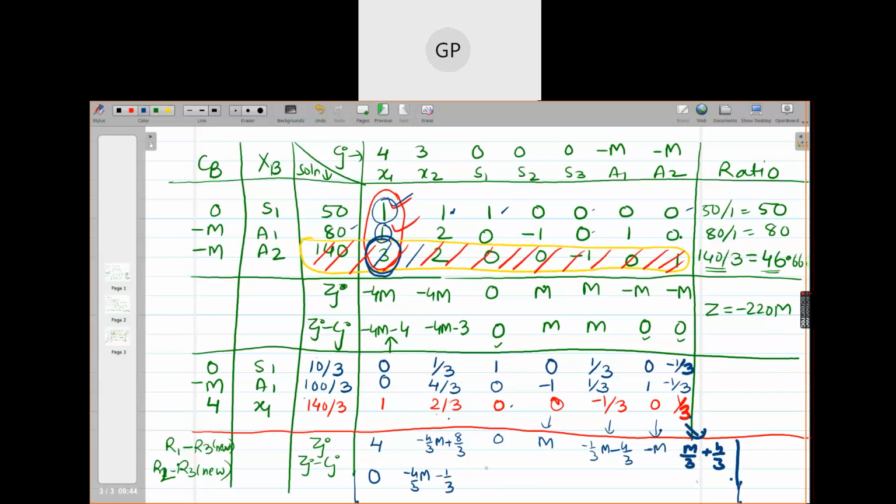Then 0, then M, then minus 1/3 M minus 4/3 as it is. Then 0, and this is M by 3 plus M. So that is 4/3 M plus 4/3. Correct?